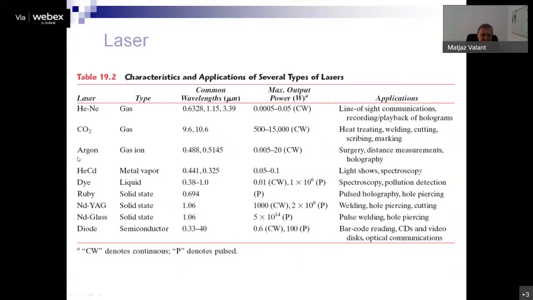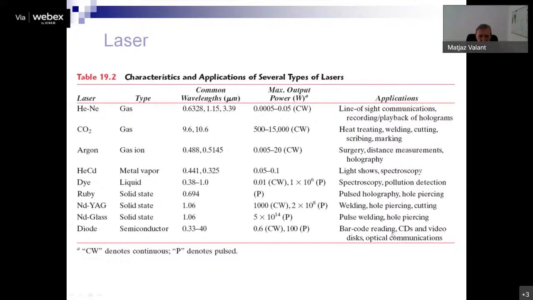We can also have gas lasers, but for solid state lasers, we are using different single crystals. And of course, if the beam is of different intensity, we can use this beam for all kinds of different processes, from welding to barcode reading.